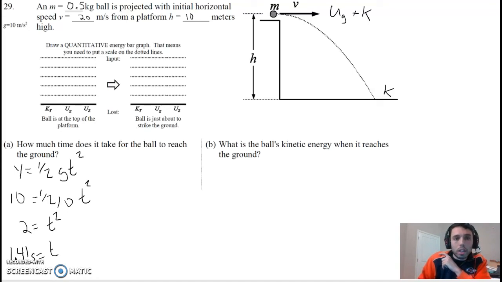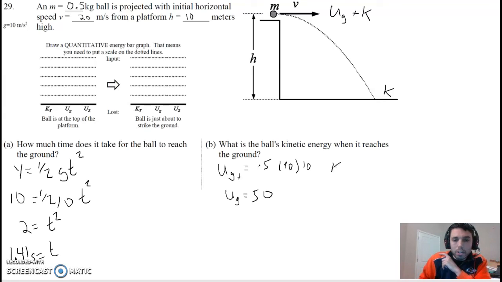Well, potential energy was mgh, so let's do down here. Potential energy at the top was 0.5 kilogram ball times 10 times 10 again for the height, so that's going to be 50. Potential energy is 50.